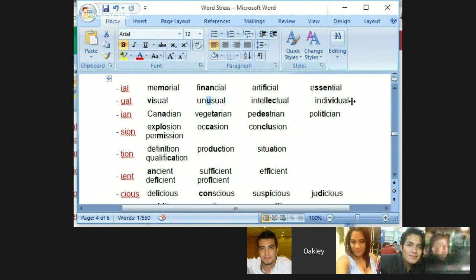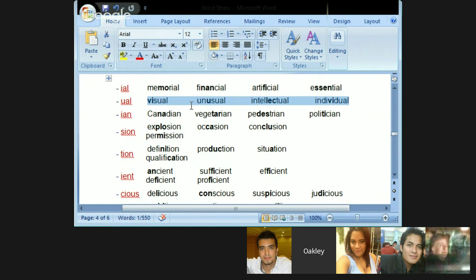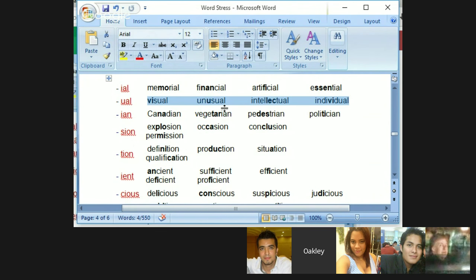What are these words, by the way? What category? Noun, verb, adjective, adverb? Hey, Halen? Intellectual is an adjective. Yes. A visual too. Yeah, they can all be adjectives, all of these.